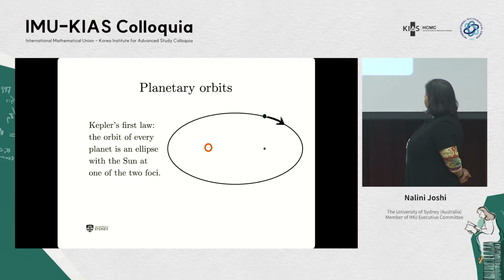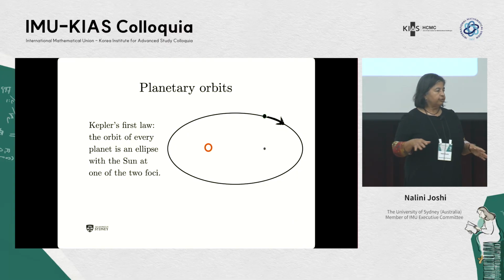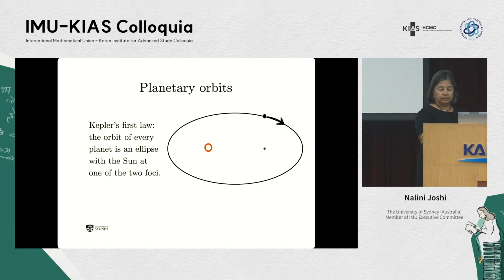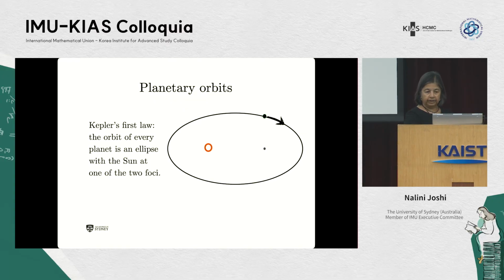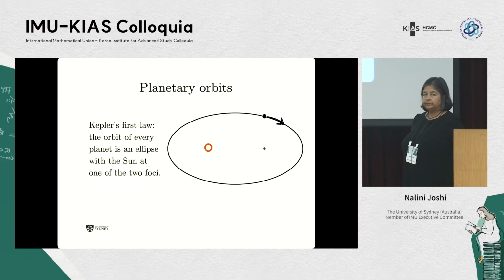So this idea and many of the other efforts that people were making around that time led to an incredible amount of interest from mathematical people, including people like Newton.